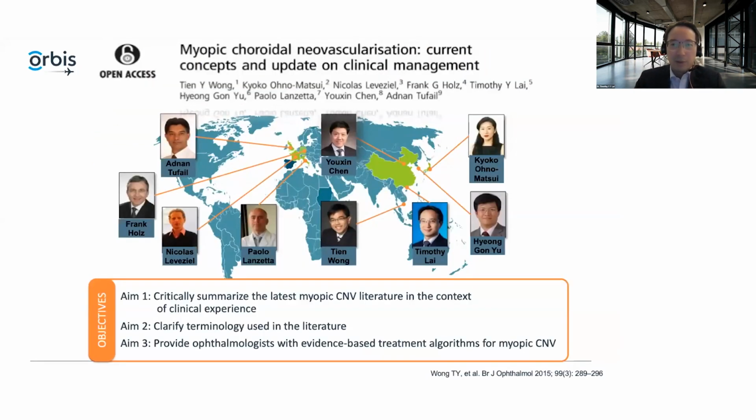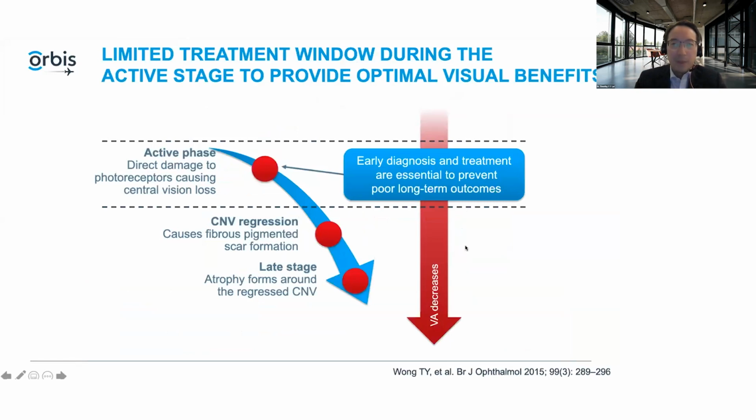In terms of consensus, we also grouped together to form some consensus on what to do. With myopic CNV, we try to get them in the active phase, because this is the time that the myopic CNV can cause damage to the photoreceptors, causing visual loss. So we need early diagnosis and treatment.